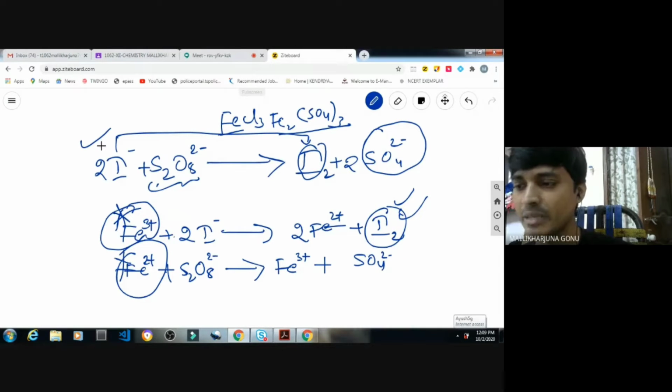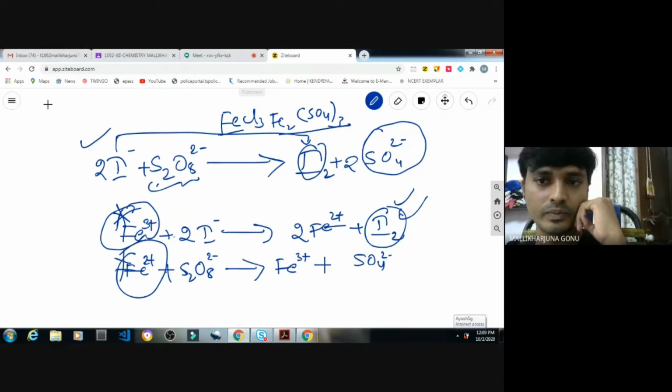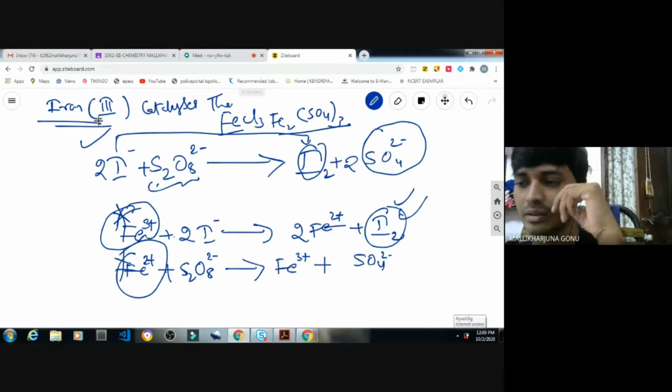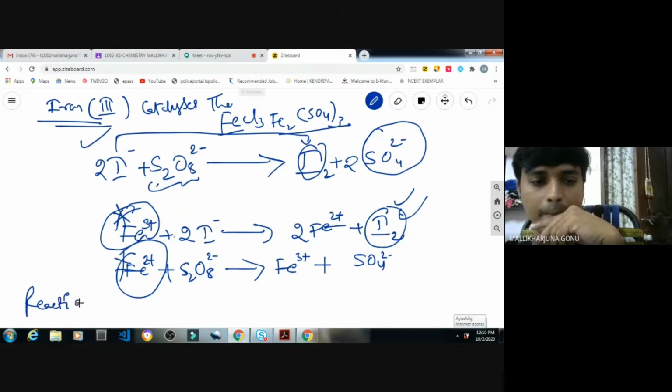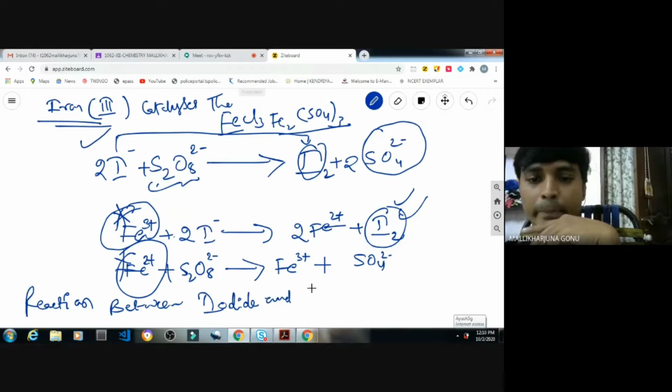Iron 3 catalyzes the reaction between iodide and persulfate ions. Write that point.